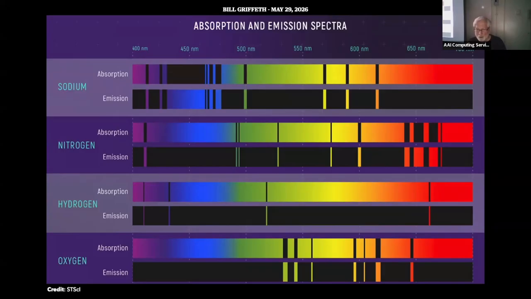Both the emission and the absorption lines correspond to the transitions between different energy levels of an atom, the energy levels in the electron cloud of an atom. Astronomers use spectrographs to determine what elements are present in stars and planetary atmospheres, as well as in clouds of gas between emitters of light and us.